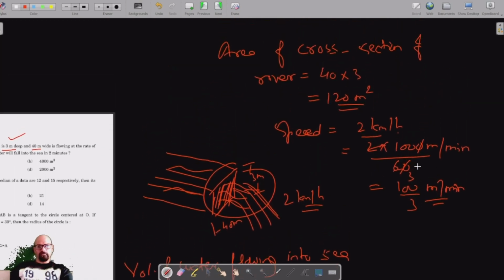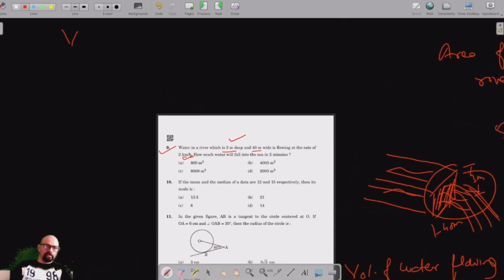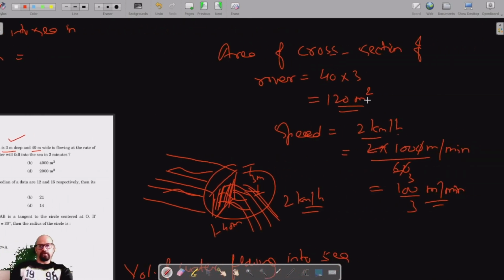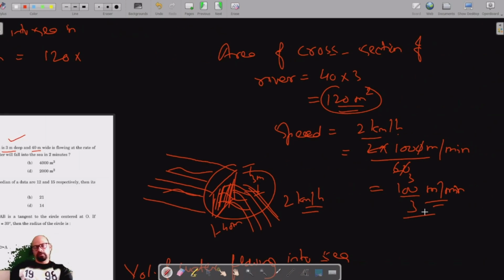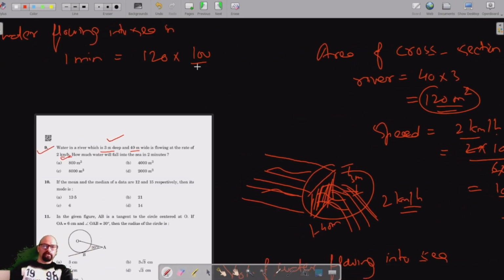So the volume of water flowing into the sea in 1 minute is equal to the area of cross section in meter square into the speed, which is now in meter per minute.